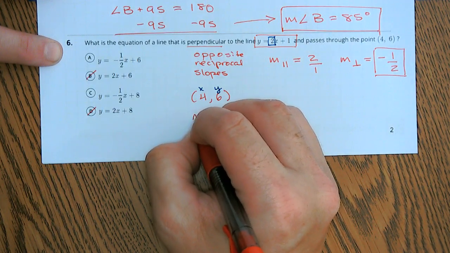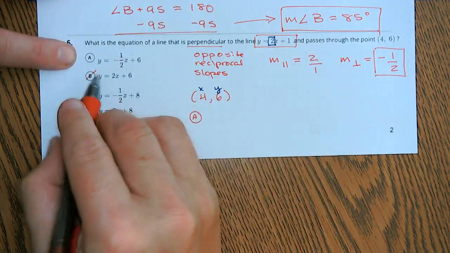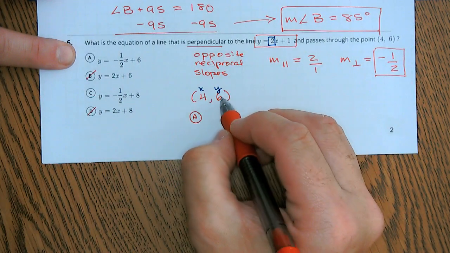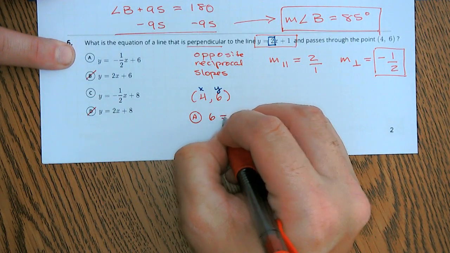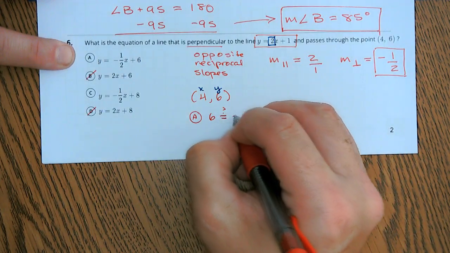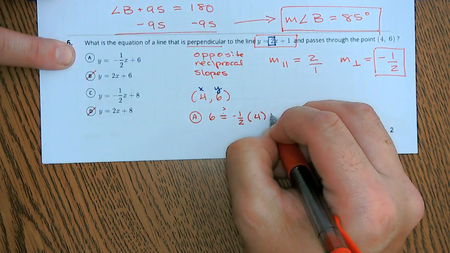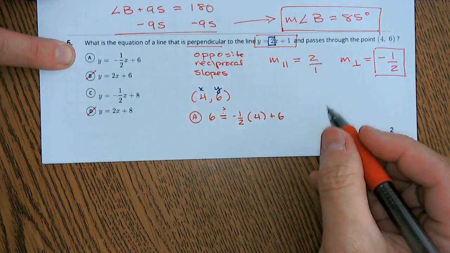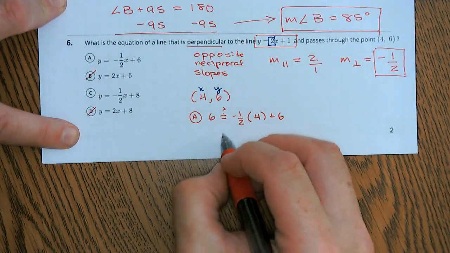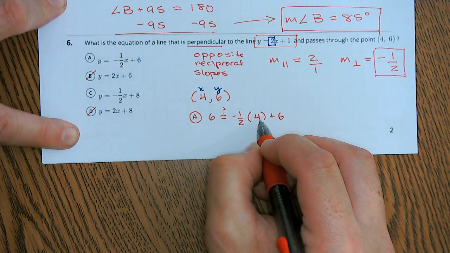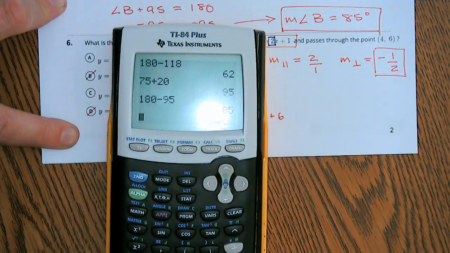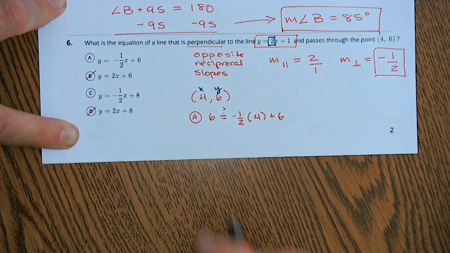If we try A, we have y equals negative 1/2 x plus 6. So y is 6. Is that actually equal to negative 1/2 times the 4, which is our x, plus 6? Well, negative 1/2 times 4 is negative 2.